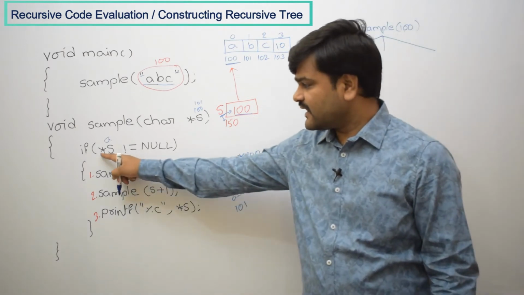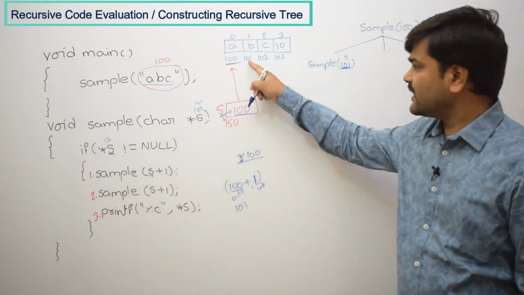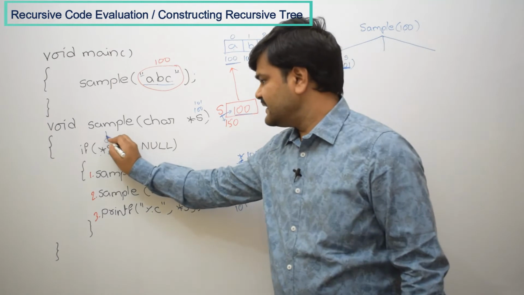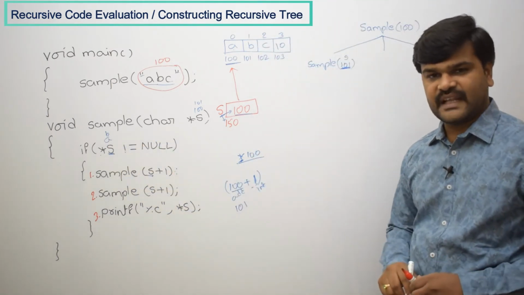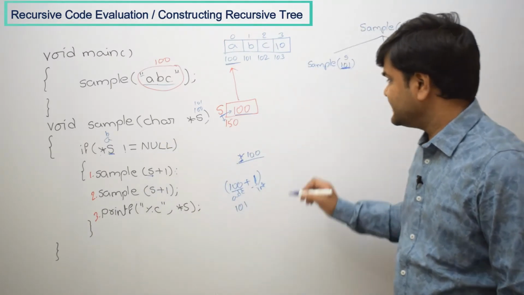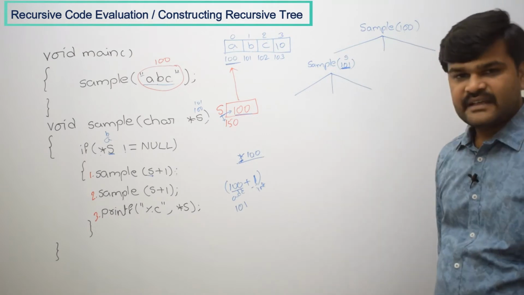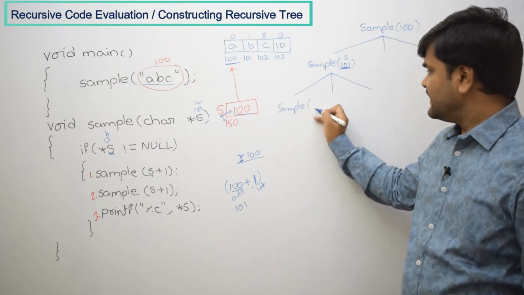So star 101 means, again the same discussion, whatever is in the 101 location, that is B. So B not equal to null. Yes, it is true. So coming inside again, three statements we have to execute sequentially. Then the first statement, sample again here.